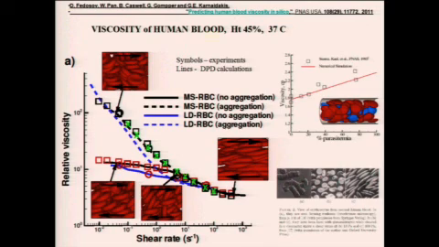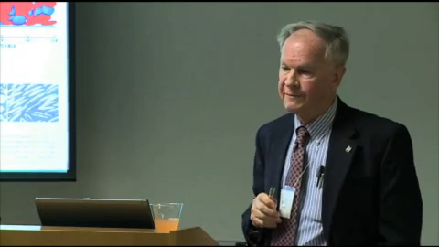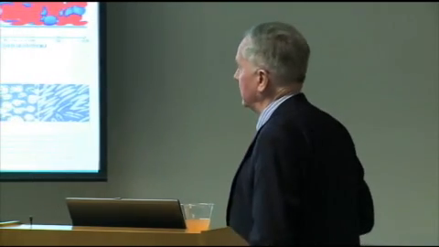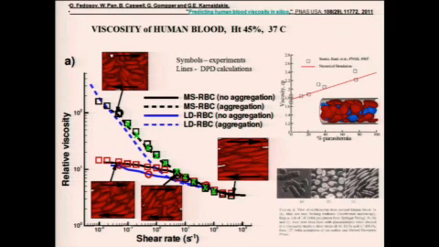You take a blood sample, you spin it down, separate out the plasma, and you resuspend those cells in varying kinds of agents which strip off all the sticky stuff. So when you do that and resuspend it, then you get the lower curve, and the blue lines are our low-dimensional model, and the black lines are the multi-scale model.